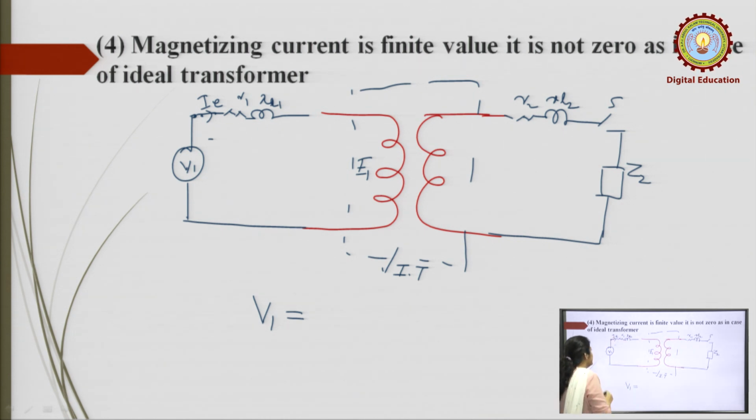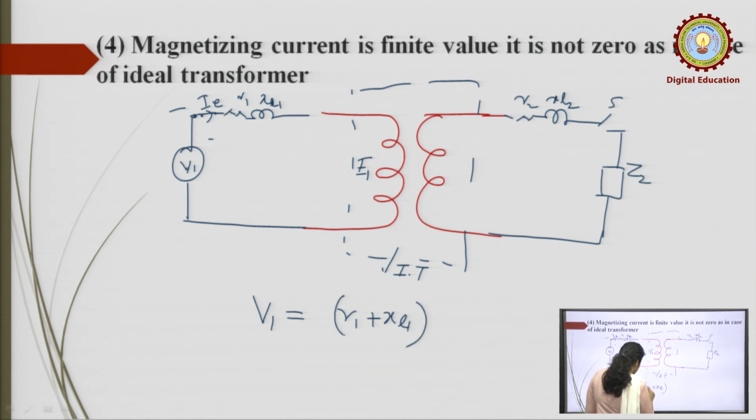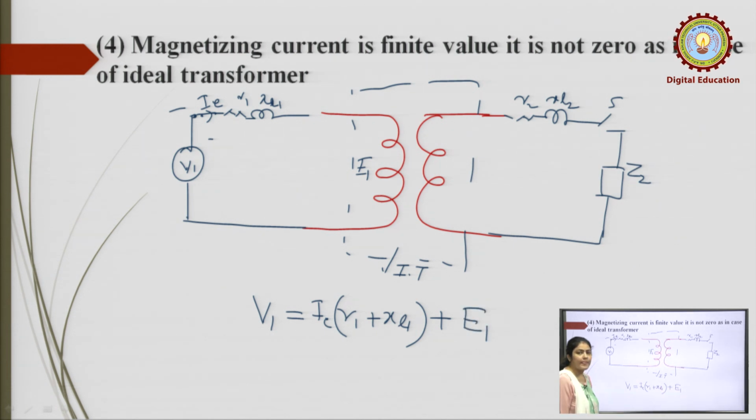I is the phasor sum of I R1 plus j XL1 I plus E1, because it should follow the KVL. So, V1 must be equal to I R1, j X1 I, and plus E1; these are all phasors.